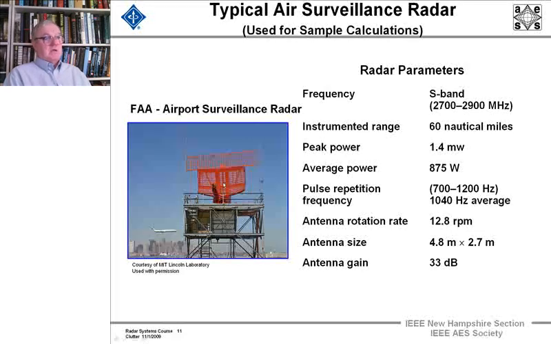So these radar systems get out not only through a non-cooperative so-called skin track, the radar data, but also cooperatively the altitude of the aircraft and its identification, which is greatly helpful to the air traffic controllers in doing their air traffic control function. The size of the ASR 9's antenna is about 4.8 meters by 2.7 meters, and the gain's about 33 dB. I believe this is actually an ASR 8.